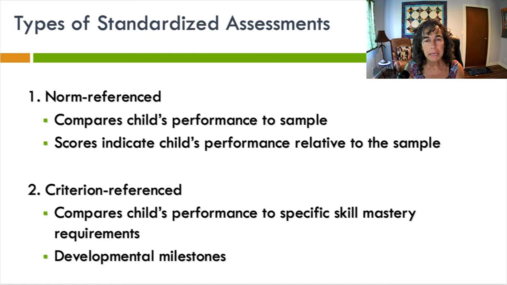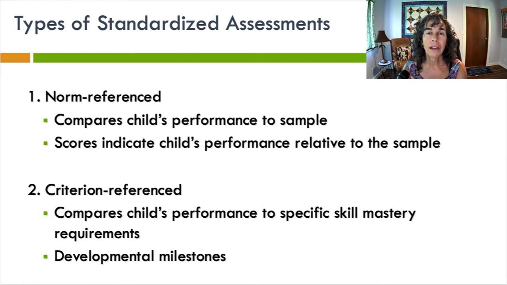So what that means is that the child's performance is compared to a sample of same age peers. And the scores indicate the child's performance relative to that sample. Optimally, the sample is large and the kids are similar to the demographics of the child that we're evaluating. And we say 85% of 5-year-olds can draw a triangle, right?